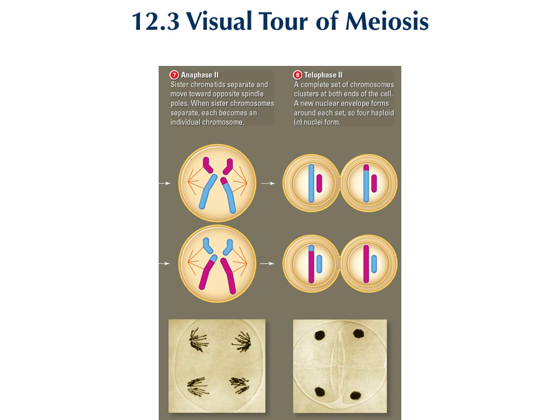Additionally, genetic variability will result from the recombination, such as we saw in crossover, along with the independent assortment of genes of the genetic material. All right, let's go to some practice questions.